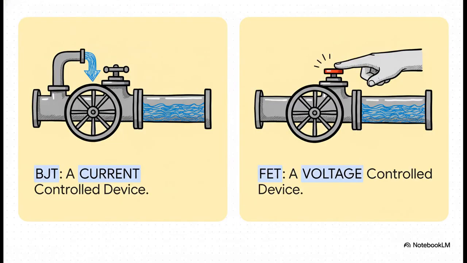And here is the single biggest difference you need to know. A BJT is a current-controlled device. You use a small current at the base to control the big flow. A FET, though, that's a voltage-controlled device. You just have to apply a voltage, like static electricity, to its gate to open or close the channel. You don't even need a control current to flow, which makes FETs incredibly efficient. And that's why they are the kings inside our computer chips.